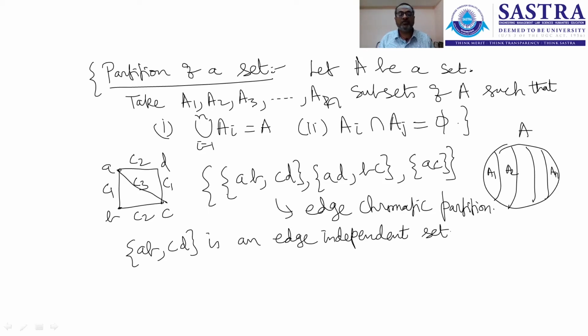So in this case, we will be minimizing the number of colors. That will be the main aim. So we introduce an optimization problem. What is this optimization problem?